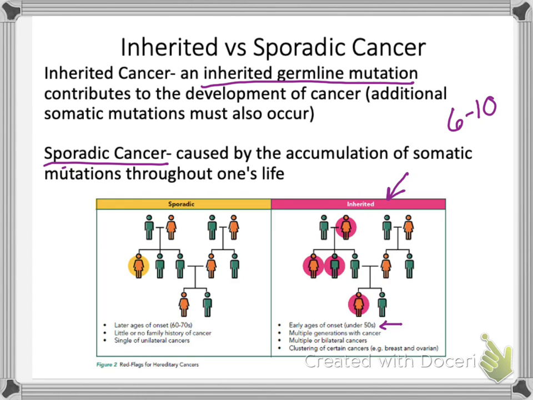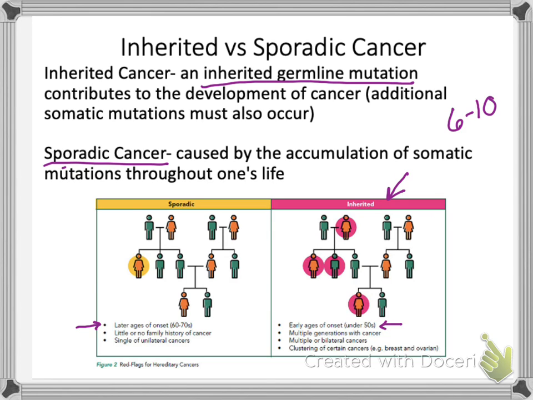With sporadic cancer, we tend to see it later in life. It says 60s and 70s. Typically, we say over the age of 50 is when sporadic cancers start to be more noticeable and more common. There's little or no family history because it's sporadic, unique to that individual.